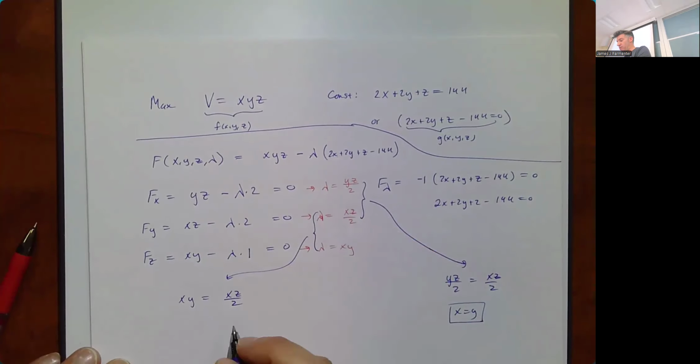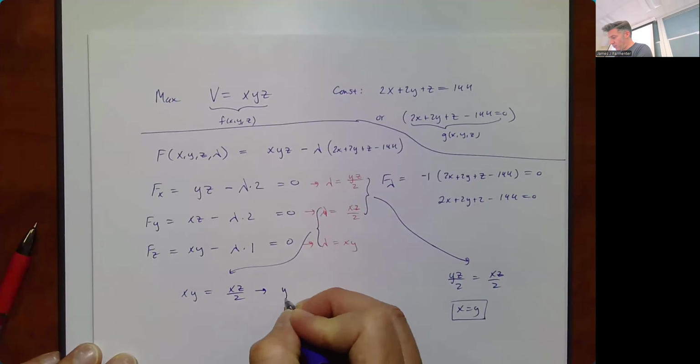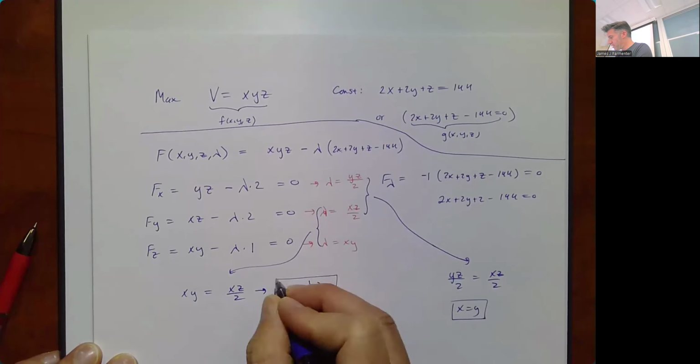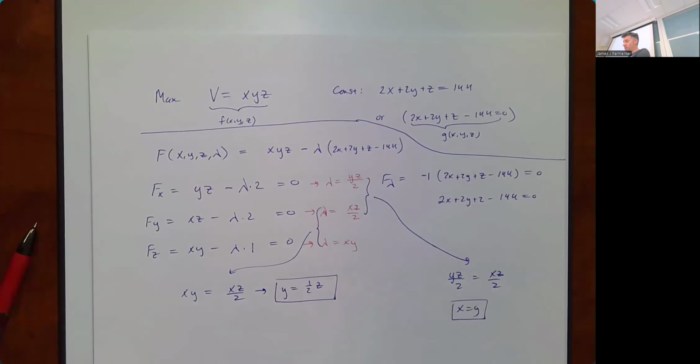Dividing both sides by x, we get y equal to z over 2, or 1/2 z. And then whichever variable is showing up both times, in this case y, we isolate y. So if I had 2y equal to z, I would then divide both sides by 2 to get y equal to 1/2 z. And then we plug each of those into the constraint.